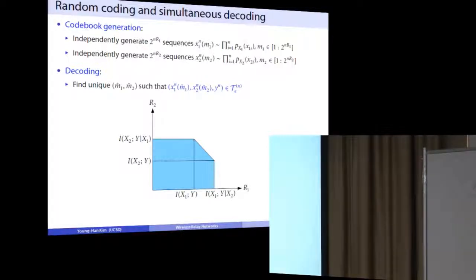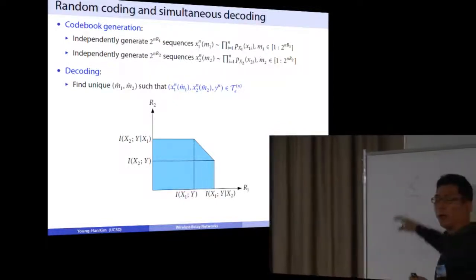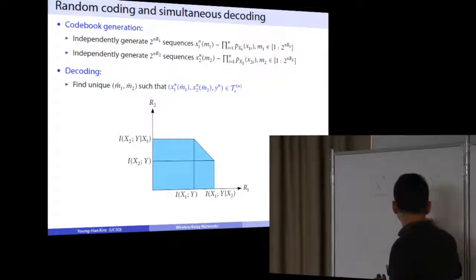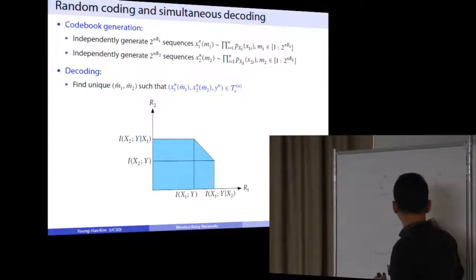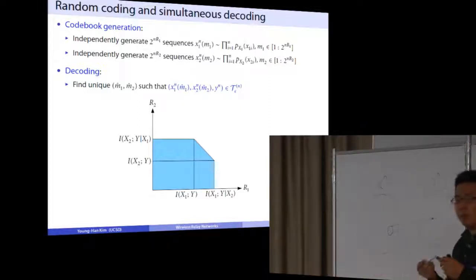Suppose this is your space of code words, and this is the output you received. Assume that all these code words are generated independently. Based on your output, you look at all the inputs that are jointly typical with this output.